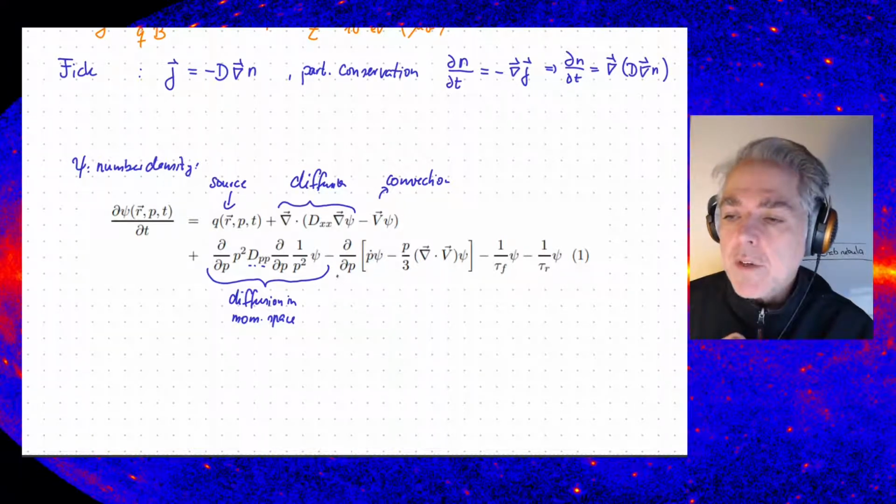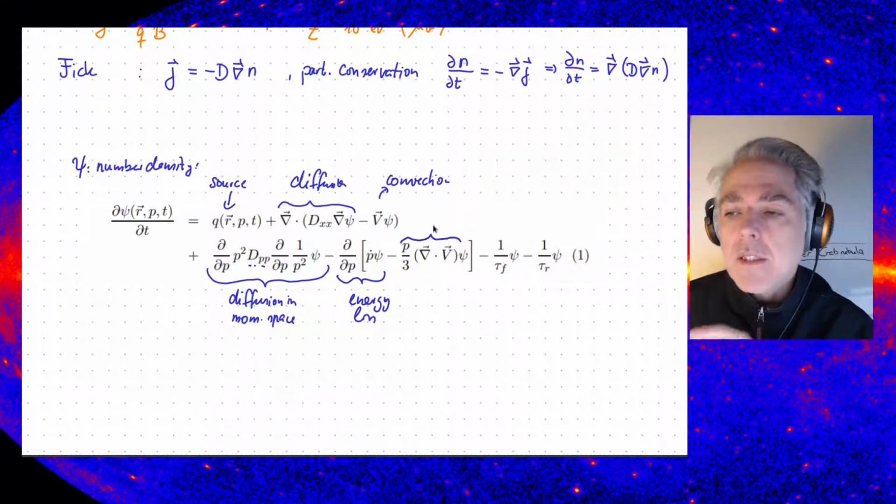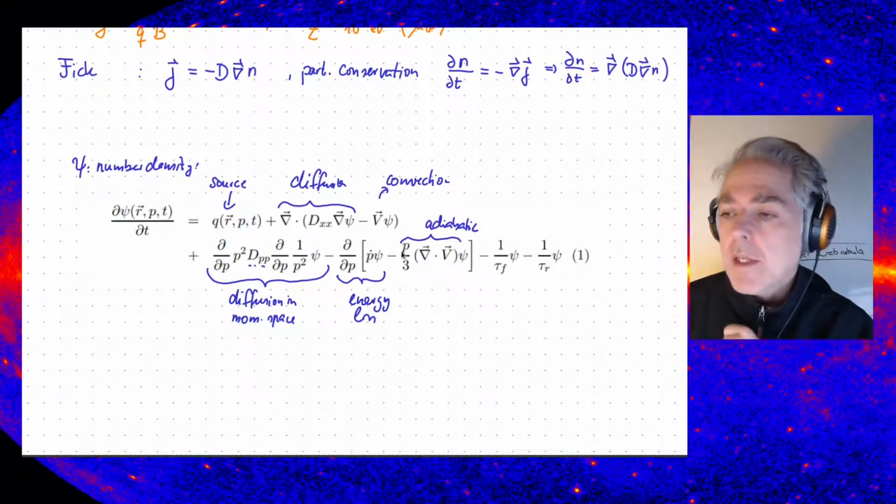So you basically have a continuous energy loss term. It could actually also be an energy gain term. So p dot could be positive or negative. And then you've got one more term which has to do, again, with the bulk velocity, and that's basically adiabatic losses. So you have to lose some internal energy when you expand the material.